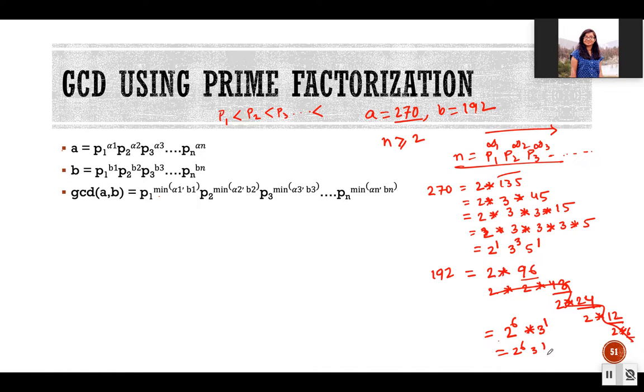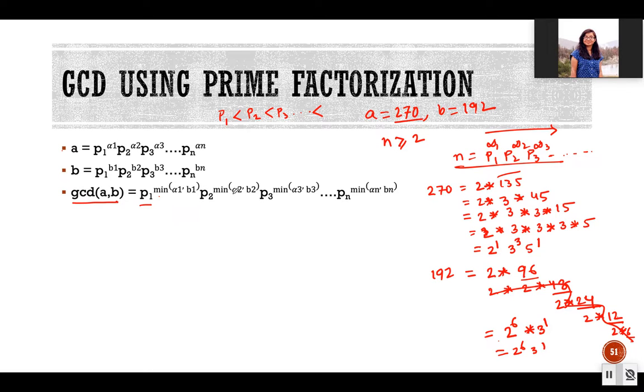Now if I can represent any two numbers in this form, as a combination of prime factors with their powers, then I can find the GCD of A and B using these prime values. For the prime P1, I'm going to take the minimum of alpha 1 and beta 1, whichever is the minimum.